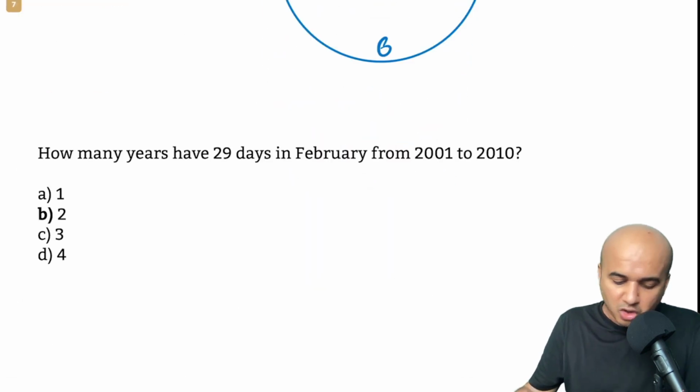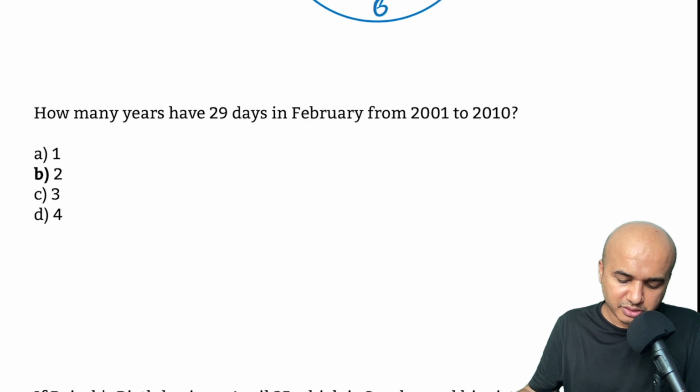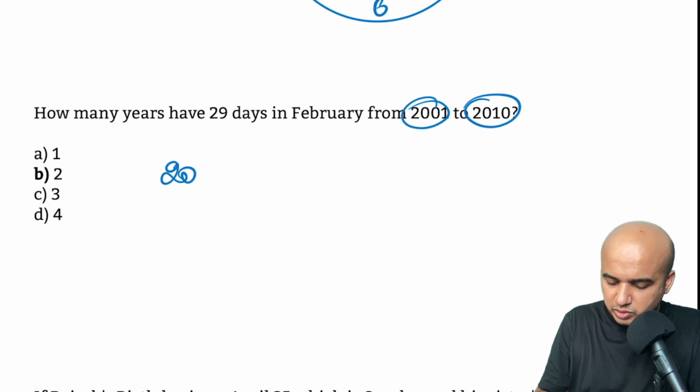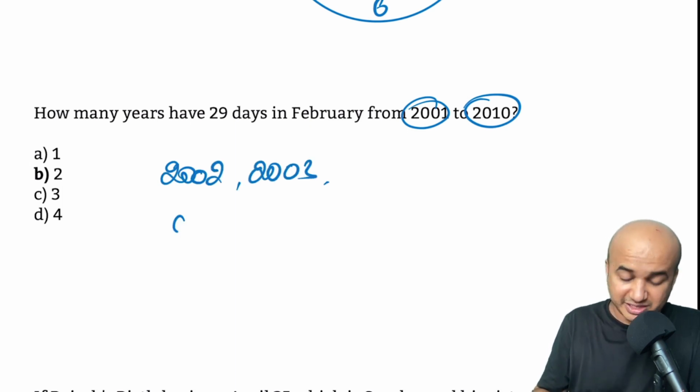Anyway, how many years have 29 days in February from 2001 to 2010? All we have to do is just think of leap years. 2001 obviously is not a leap year because it is not perfectly divisible by 4. 2002 is also not a leap year. 2003 is also not a leap year, but 2004 is a leap year, perfectly divisible by 4.